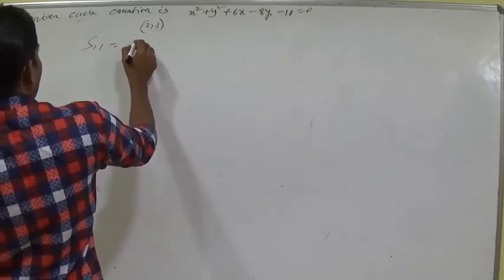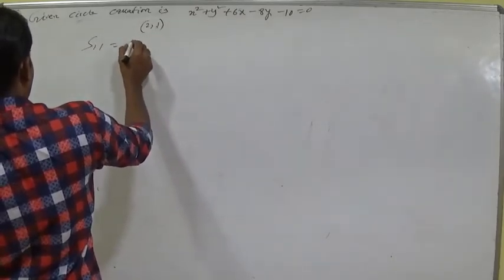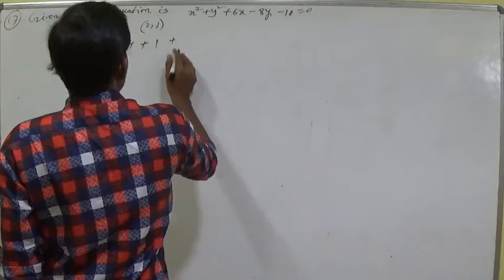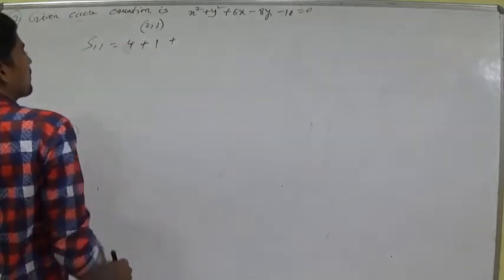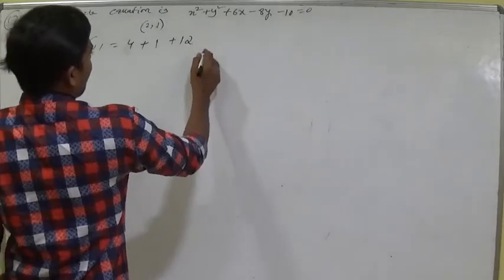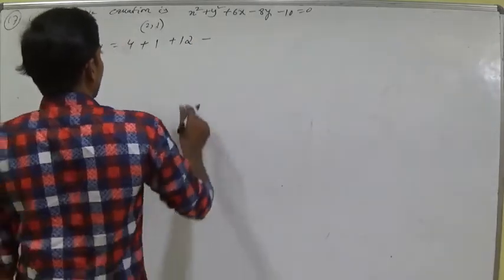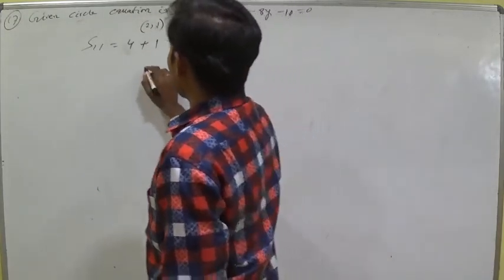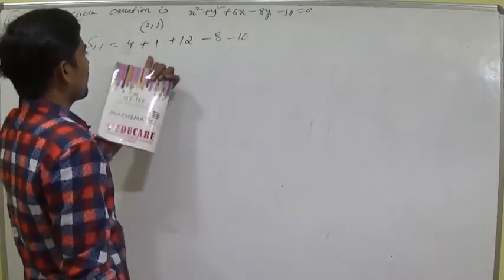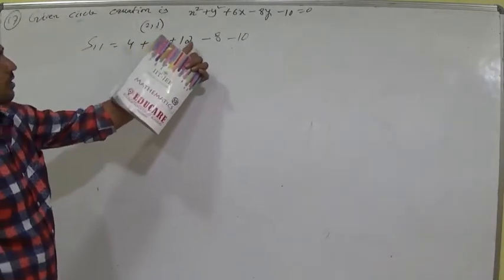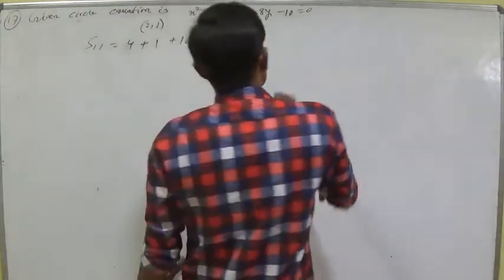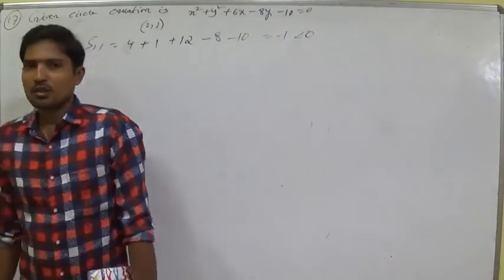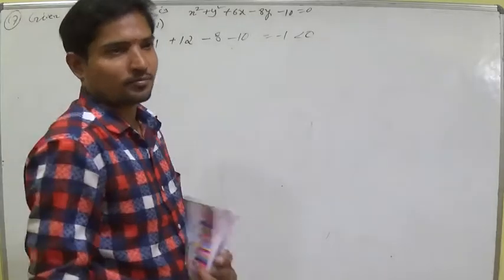Then x1 square is 4 plus y1 square is 1 plus 2g x1, so 12, and 2f y1, minus 8, and minus 10, which becomes totally 5 plus 12, 17 minus 18, so minus 1. So minus 1 less than 0. The minus 1 less than 0 means the point lies inside the circle.